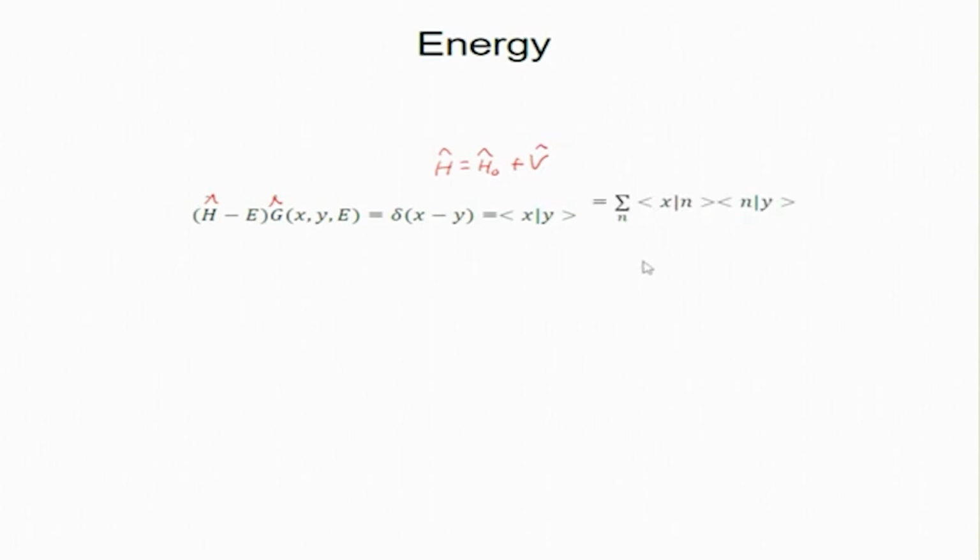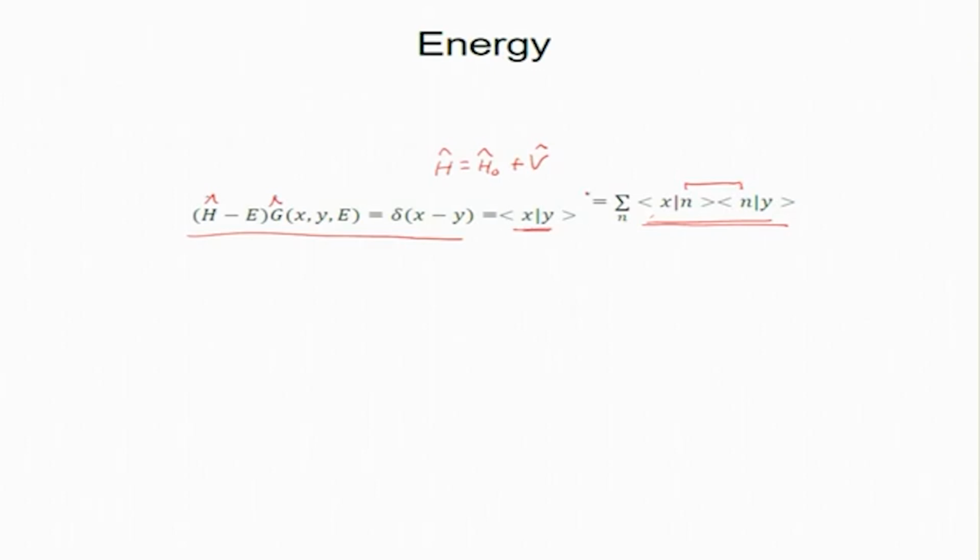So, this is the definition of Green's function. Now, the delta function I can write as bra x, ket y, in bracket notation. You know from quantum mechanics that for a complete energy basis n, I can insert this identity operator inside.